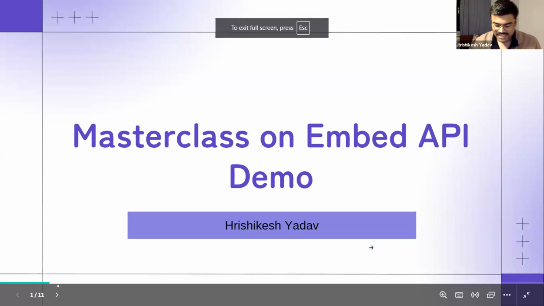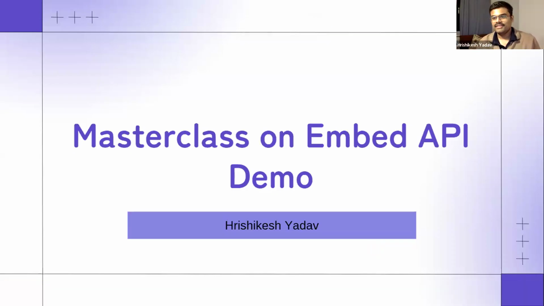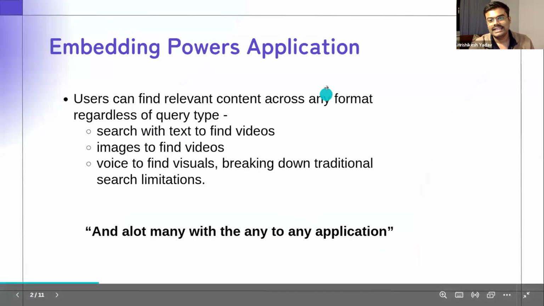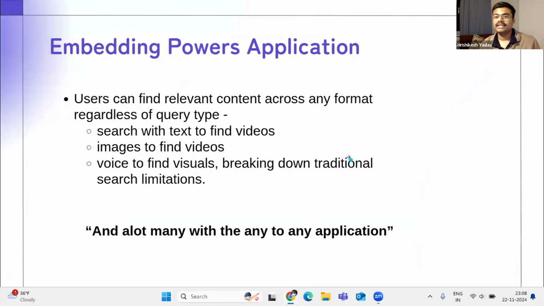Okay, so now we have understood the various use cases, or the ways you can use the Embed API. Now we'll mostly focus on the demonstration and various use cases of how embeddings can power up various applications.